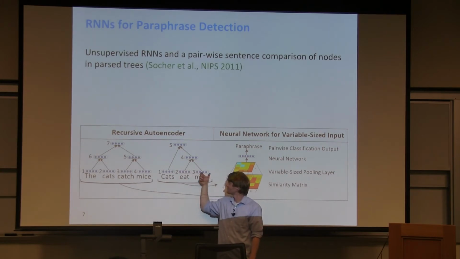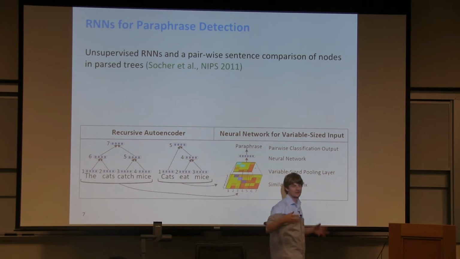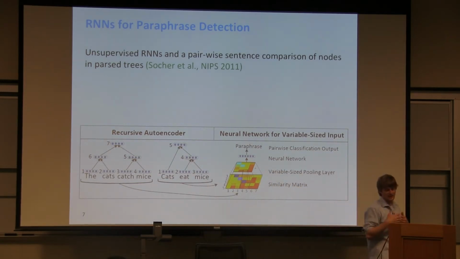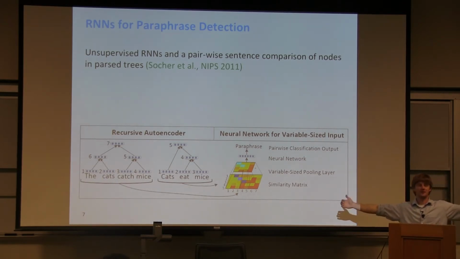You have two n-dimensional vectors, and you squeeze them into one n-dimensional vector. You keep doing that, and you inevitably lose information. So while it works somewhat, and maybe if you had a very, very large recursive neural net, then you may eventually capture some of that, in general, it does not work as well. And so that's why we tried to capture all the pairwise distances.